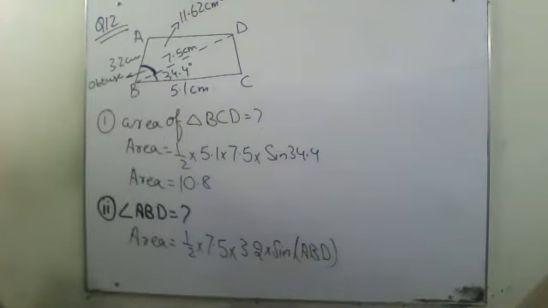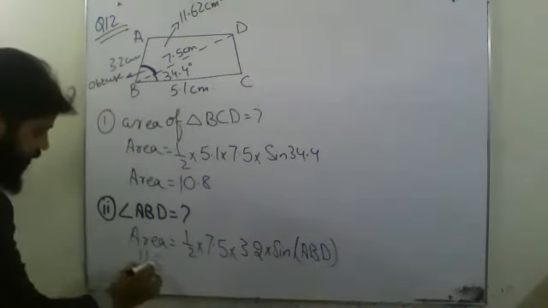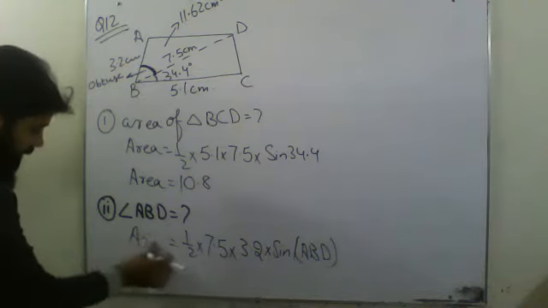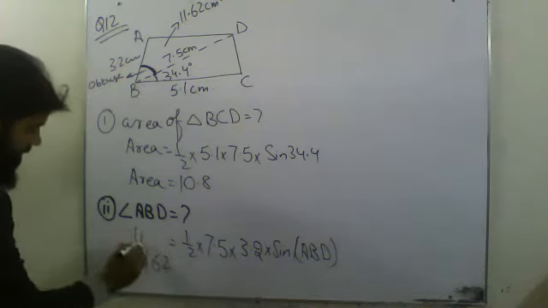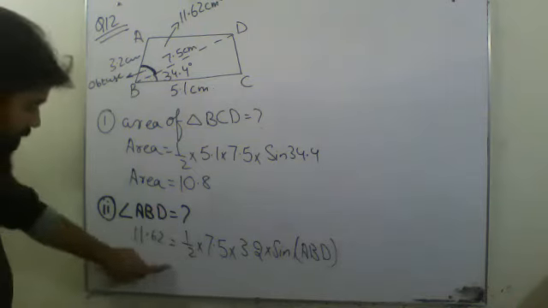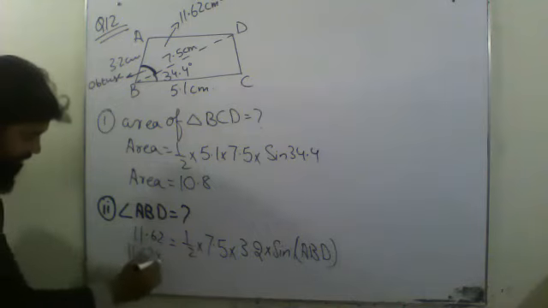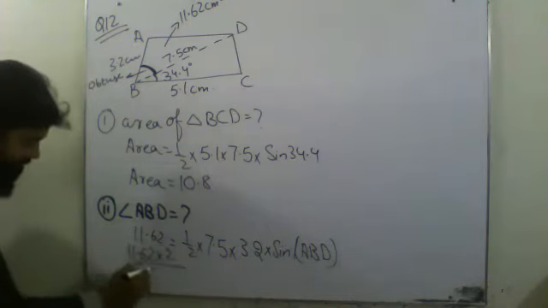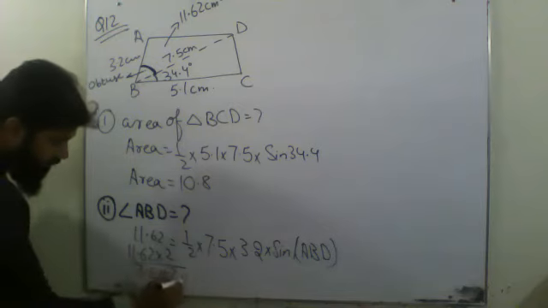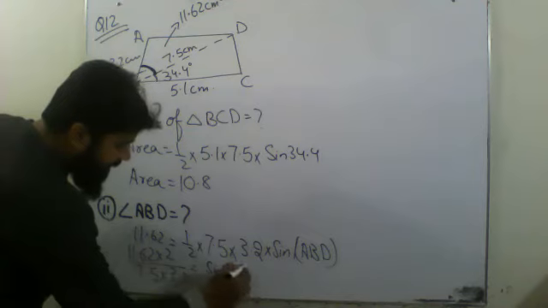The area is given to us as 11.62, right? So first of all, shifting, 11.62 multiplied by 2 divided by 7.5 into 3.2 equals sine of ABD.